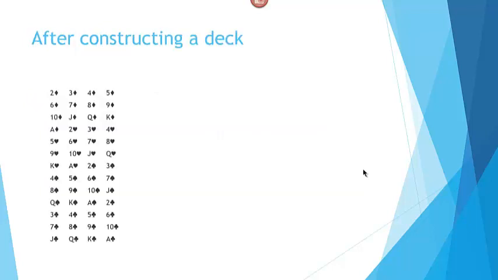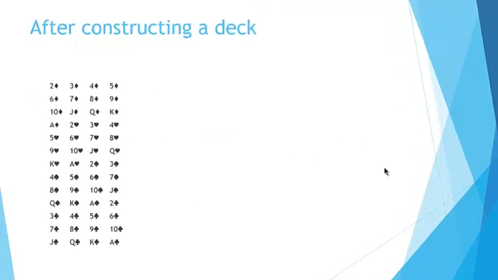Here is a sample run after constructing our deck of 52 cards. If you look at this carefully, you will see there are 52 unique playing cards. The 2 through the ace of diamonds, then the 2 through the ace of hearts, then the 2 through the ace of spades, and finally the 2 through the ace of clubs.